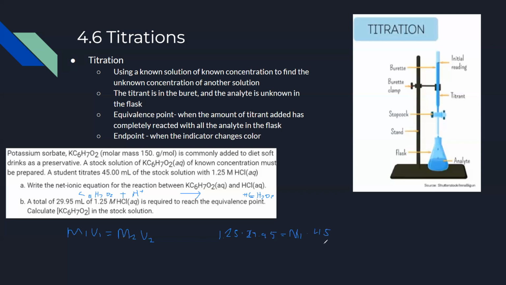Then you have to divide both sides by 45, so these two cancel out, and that's M1. You plug this into your calculator: 1.25 times 29.95 is 37.43, divided by 45, and that's around M1 equals 0.832.